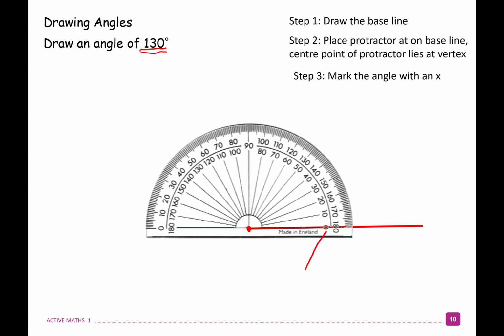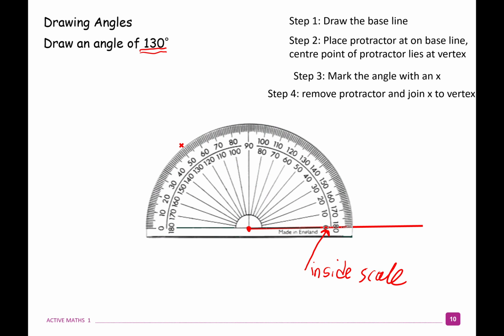So you can see my baseline here hits 0 at the inside scale. So reading all the way around to 130, I mark my X at 130 on my inside scale.